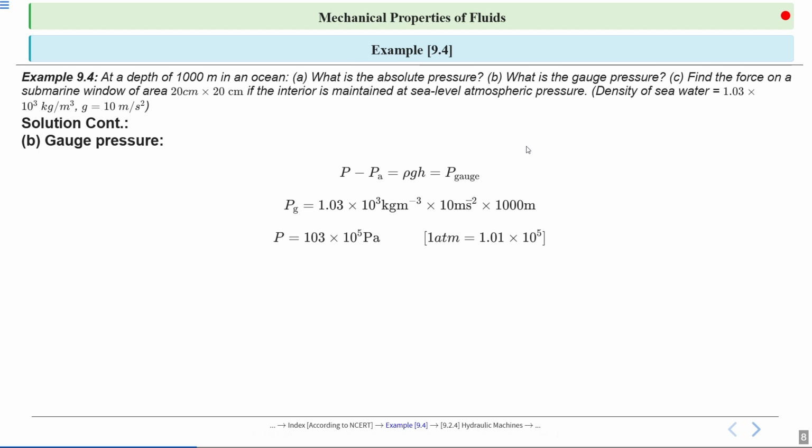Remember, 1 atm is approximately 1.01 into 10 raised to the power 5 Pascal. So this result shows us how many atmospheres of pressure are exerted by the water at this depth. So we can see that the gauge pressure is approximately 103 atm. This highlights the significant pressure exerted by the ocean at 1000 meters depth.